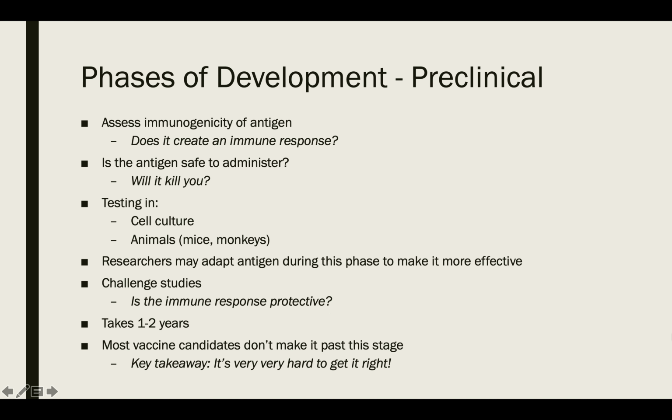So mice and monkeys are not people, and they're going to have different immune responses. And so again, this typically takes 1 or 2 years. So the fact that we're in September and they already have vaccines in clinical trials is pretty phenomenal. It does this way faster than a vaccine has ever been developed, ever.